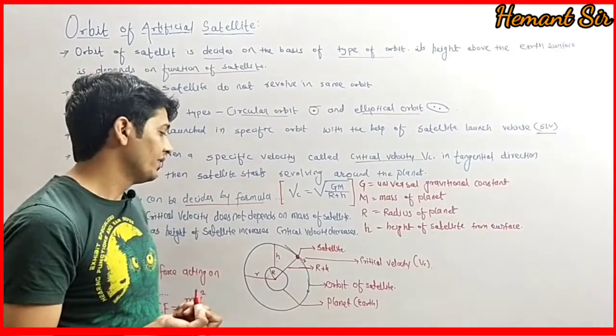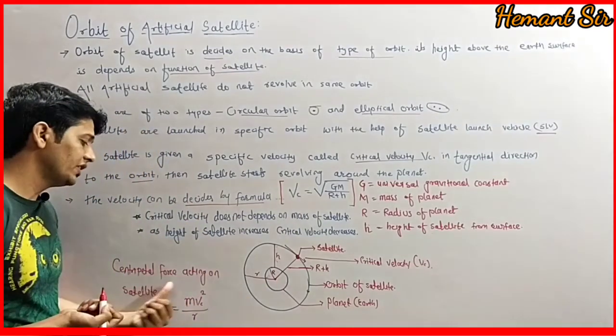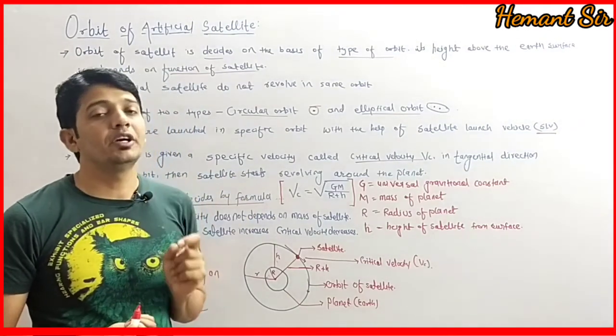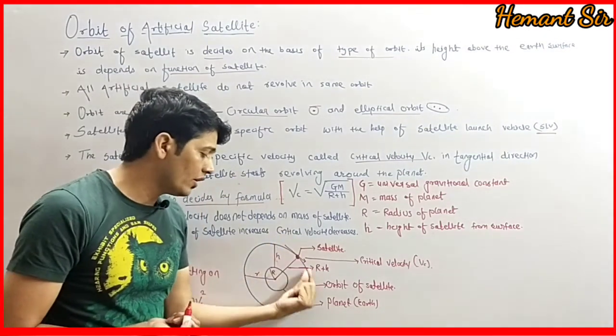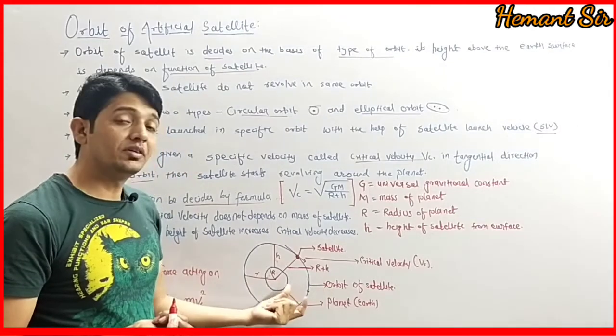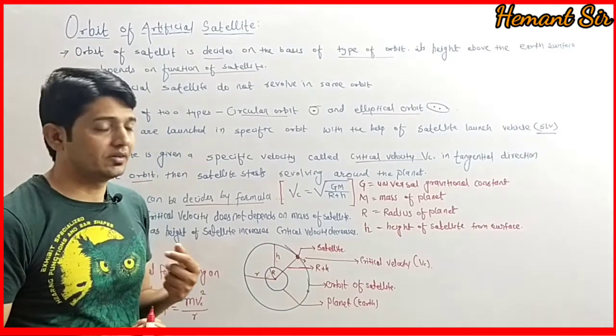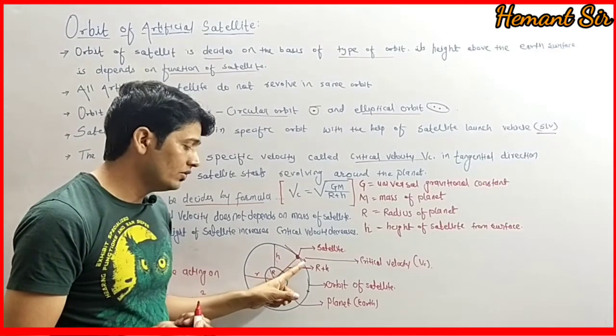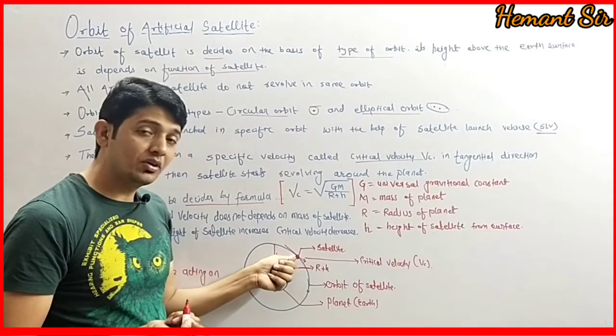Then we have the centripetal force. See, once the satellite is fixed in a particular orbit, it revolves around the planet in a fixed orbit or fixed path, which is nothing but the orbit. When it revolves, it has that particular velocity.